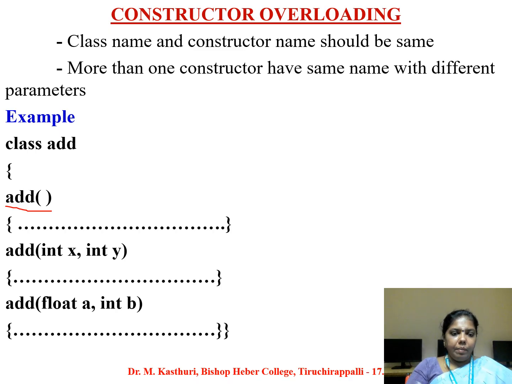The second constructor name is also add, the same as the class name. We need to create more than one constructor, but each constructor name is the same as the class name, and then it is called constructor overloading.